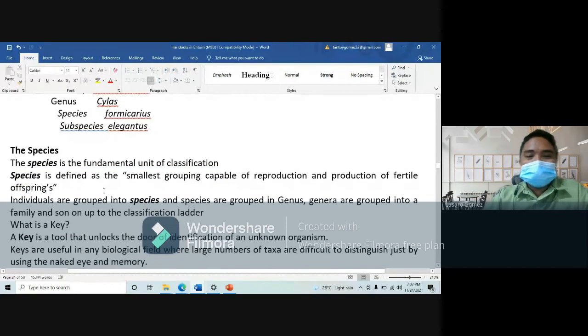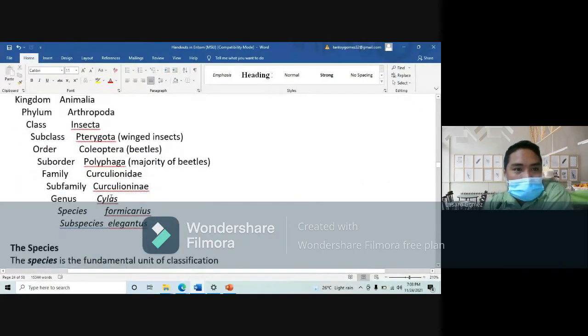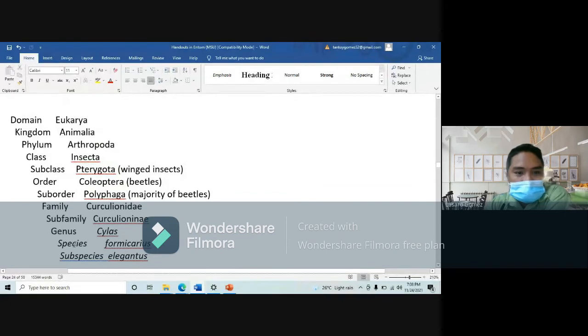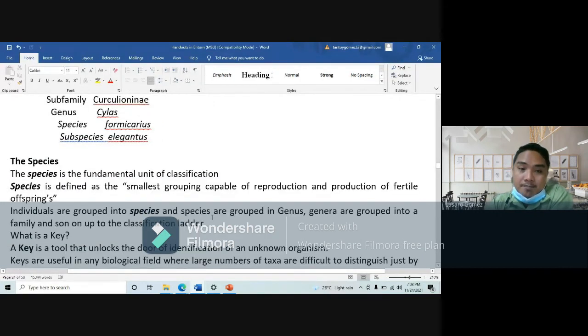A species is defined as the smallest grouping capable of reproduction and production of fertile offspring. Looking at the hierarchy of insects, species is at the bottom, because the species gives the specific identification of a particular insect. It specifies, which is why it is called the smallest grouping capable of reproduction and production of fertile offspring.